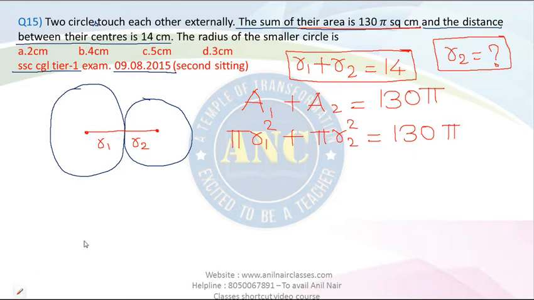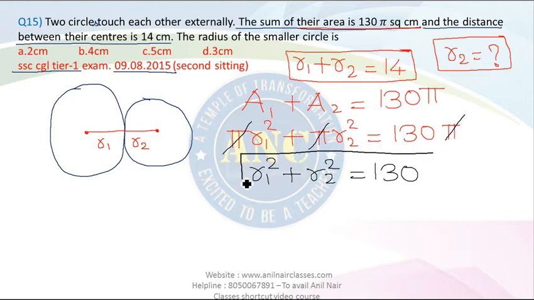On the left hand side, if I take pi common, it cancels with the pi on the right hand side. So r1 square plus r2 square should be 130, and at the same time r1 plus r2 should be equal to 14. Find the r2 value is your question.